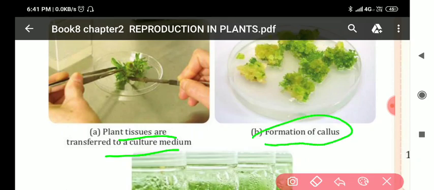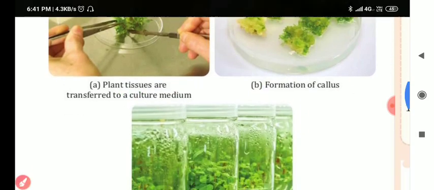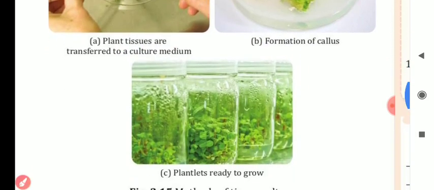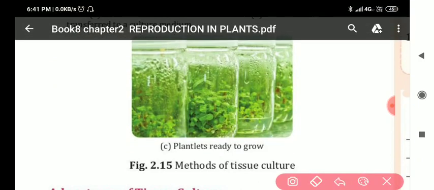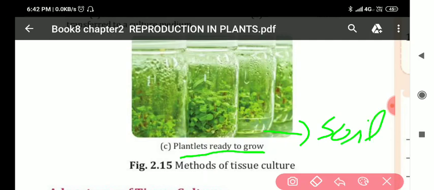From this callus new plantlets will develop, and each plantlet will grow into a plant. Now these plants are ready to grow. Now these plantlets are transferred further to the soil. Clear, all of you?